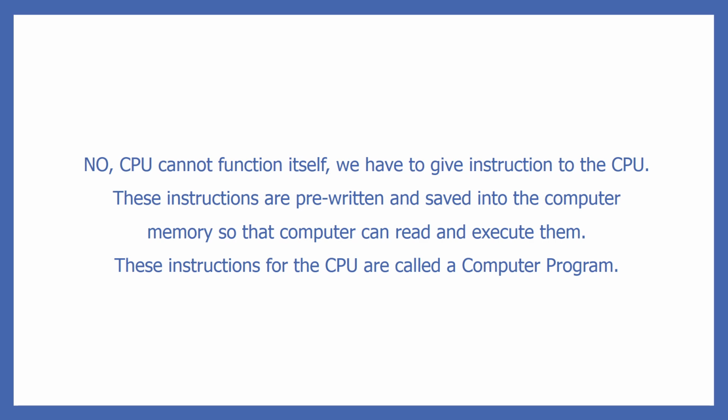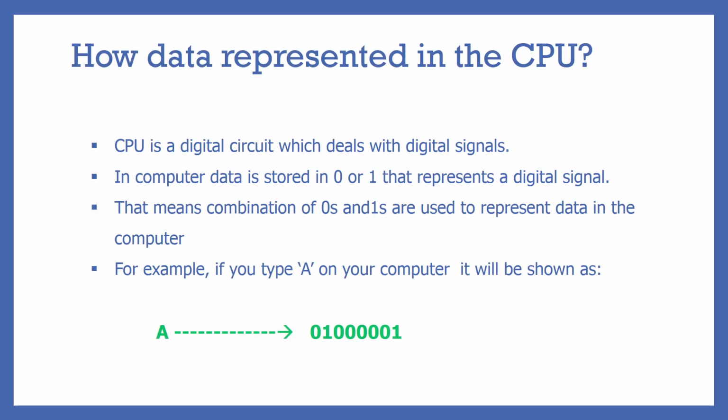These instructions are pre-written and saved into the computer memory so that the computer can read and execute them. As we said before, the CPU follows the stored program instructions. So these stored instructions for the CPU are known as a computer program, pre-written and pre-saved to perform a given task.